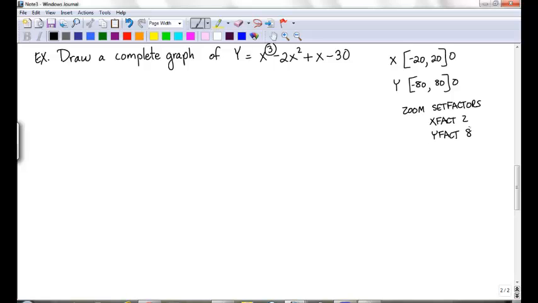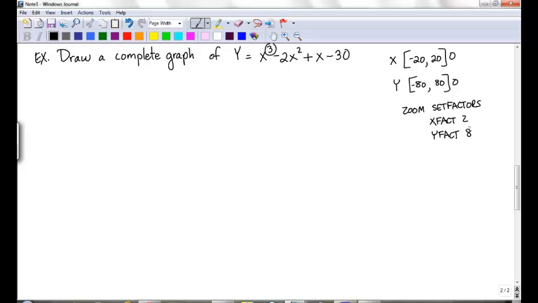Okay, so you can go ahead and delete all the equations. Let's put in y equals x to the third minus 2x squared plus x minus 30. Change the window to x min negative 20 to 20, scale 0, and y min negative 80 to 80, scale 0.